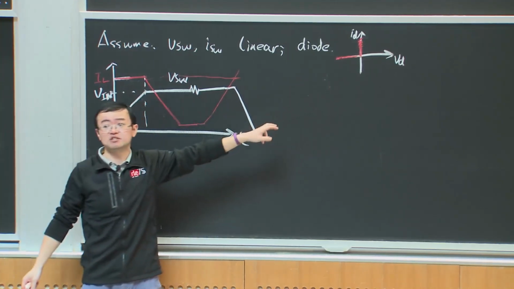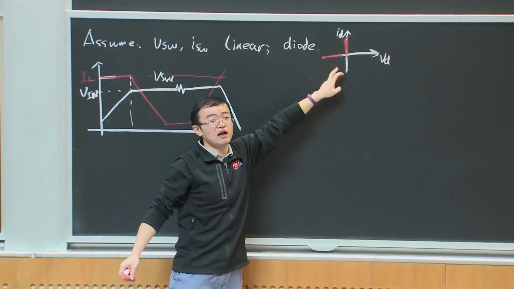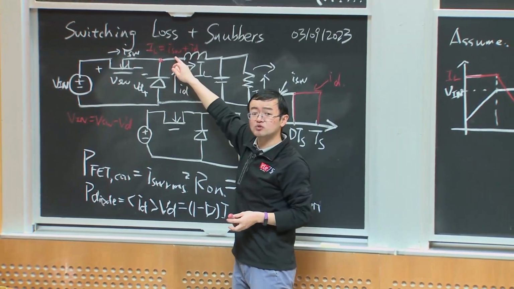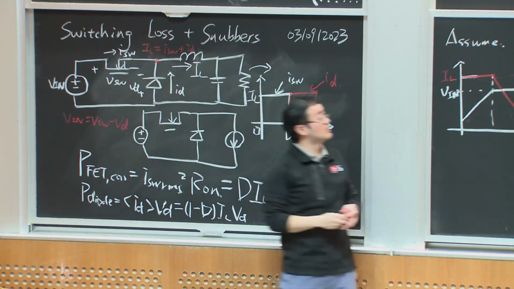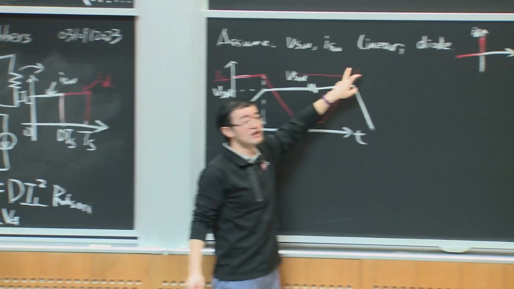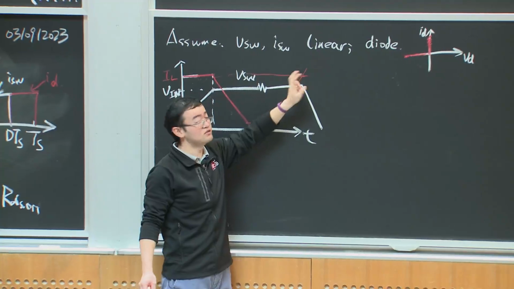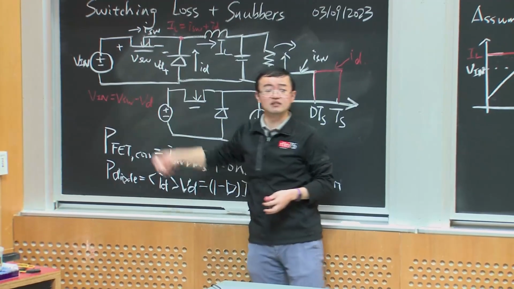Because the diode cannot be turned off or block voltage until it has 0 current. And for the diode to have 0 current, it means the ISW should carry all the load current, which means the switch current should increase first. And at this time, the current in the diode will become 0, and the diode can be turned off and block the voltage. And once the diode blocks the voltage, the VSW can decrease.